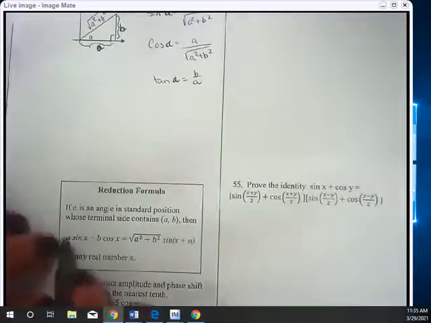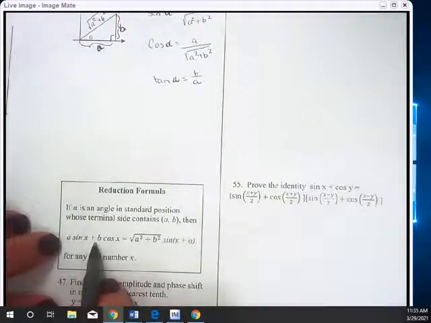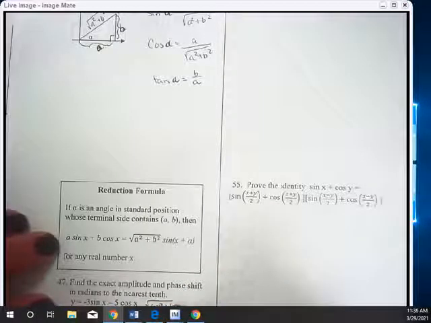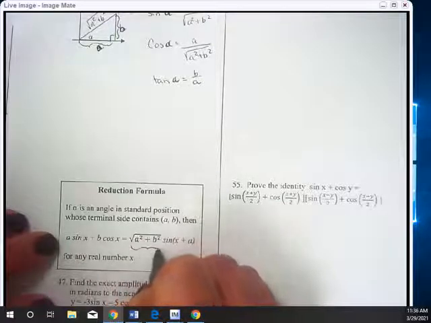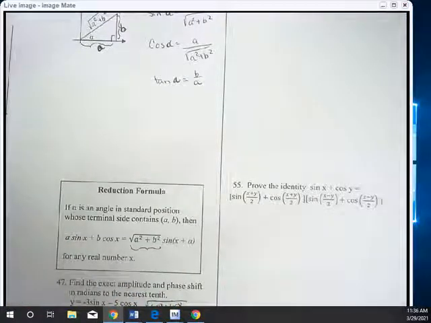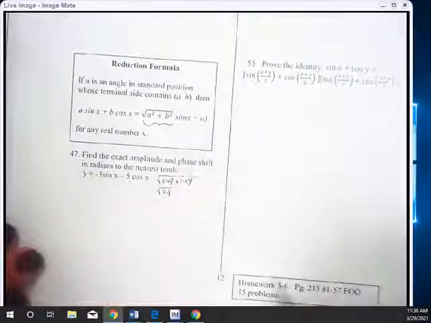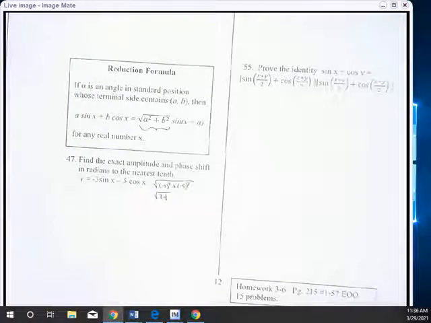In my equation, A is the number in front of the sine, B is the number in front of the cosine. Using the square root of A squared and B squared, then the number that's in front of the sine is the amplitude, yes? You okay with that? Helps if you can see it. 9 plus 25 is 34.